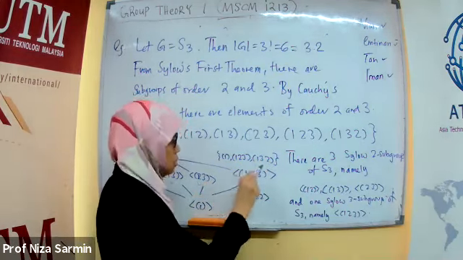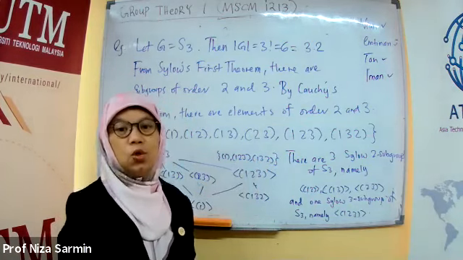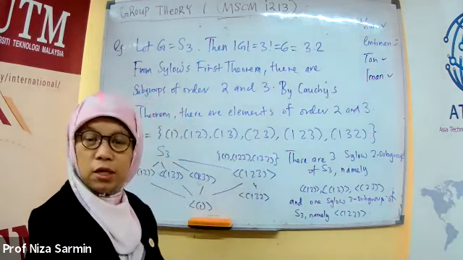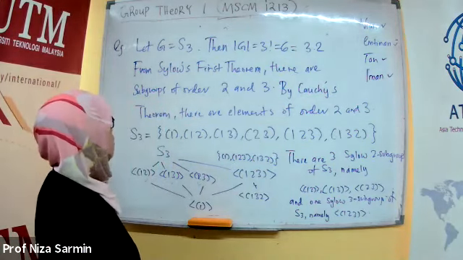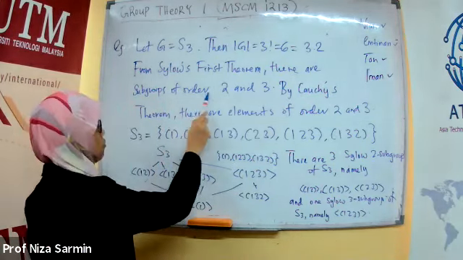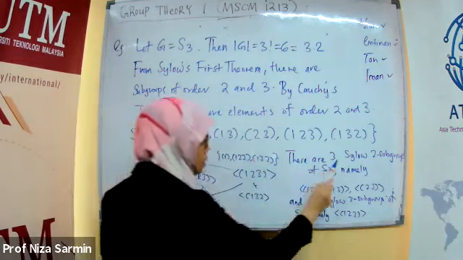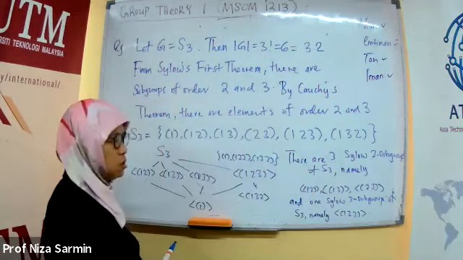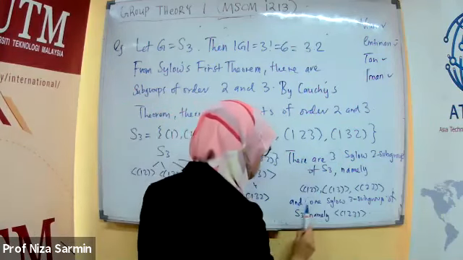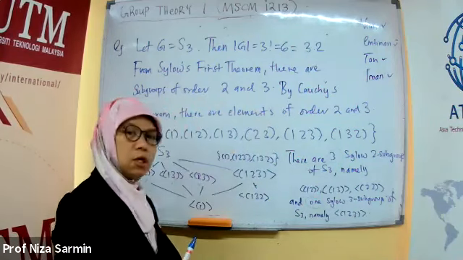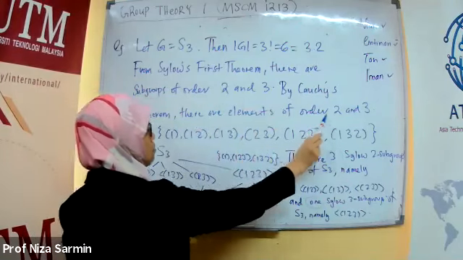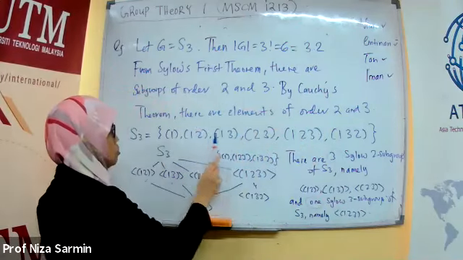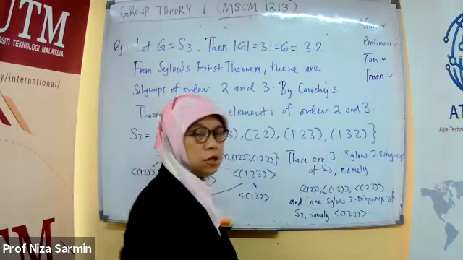So there's only one subgroup of order 3. So there are 3 subgroups of order 2 and 1 subgroup of order 3. And by Cauchy's theorem, there are elements of order 2 and 3.